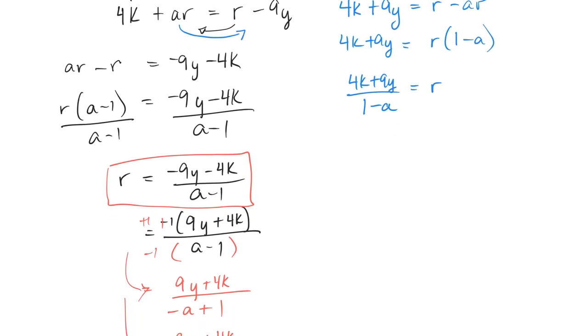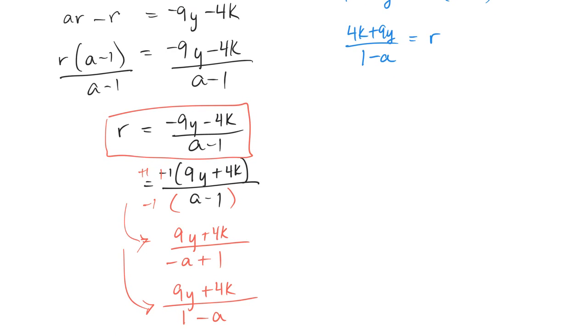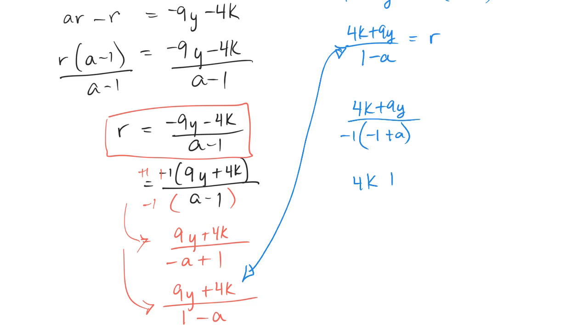Now, do I have that down below here? Sure enough. So these two here are the same. Adding 9y plus 4k is the same as 4k plus 9y. They're the same. Now, if I wanted to adjust that, I could factor out a negative out of the bottom, leaving me with negative 1 times a minus 1, which I could rearrange: 4k plus 9y over negative 1 times a minus 1.